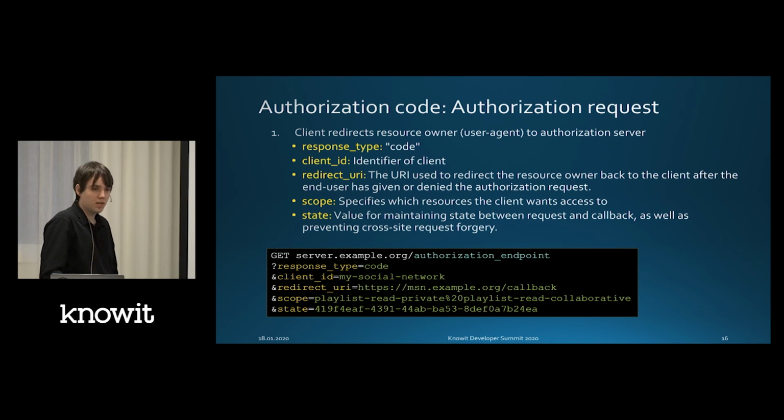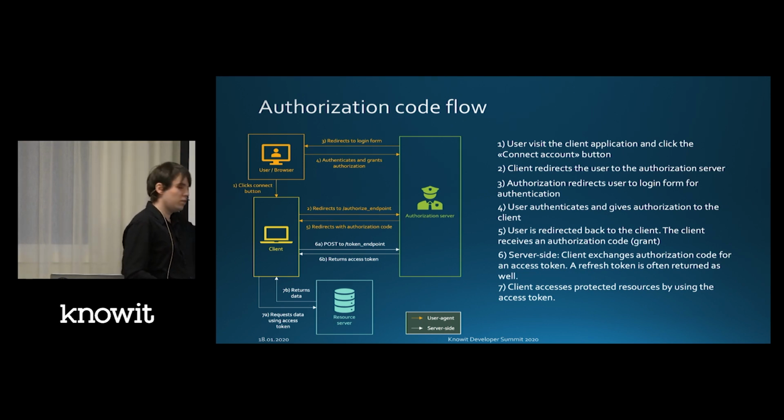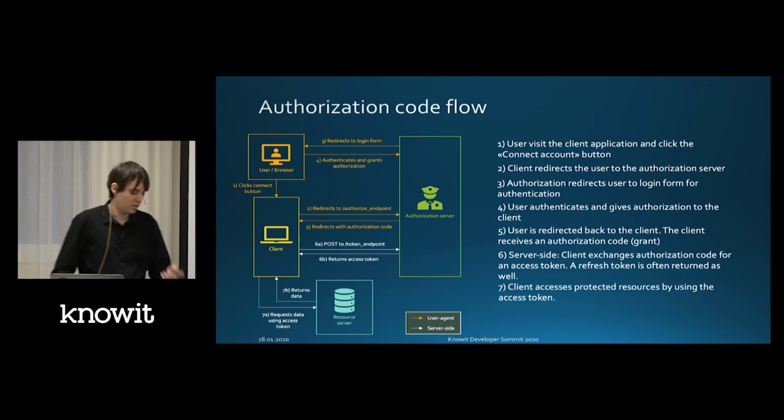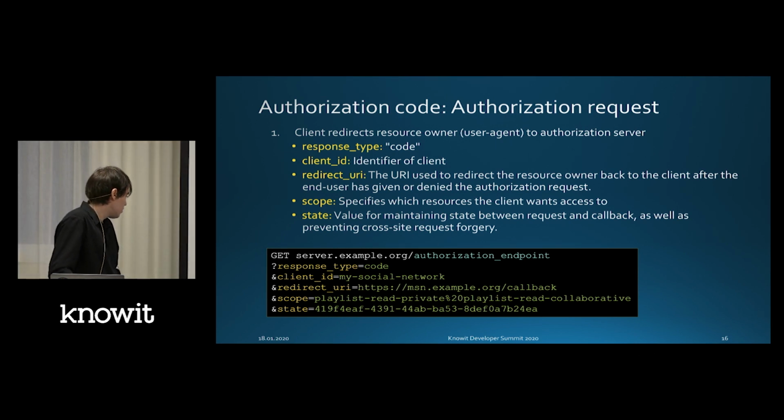Then you have the client ID. That's something you got when you registered your client. In this example, it could be my social network. And then there's a redirect URI. In this step, when the authorization server redirects the user back, it needs to know where to redirect. So that's the redirect URI you registered. You could have multiple, but normally you just use one, so it knows where to do the callback.